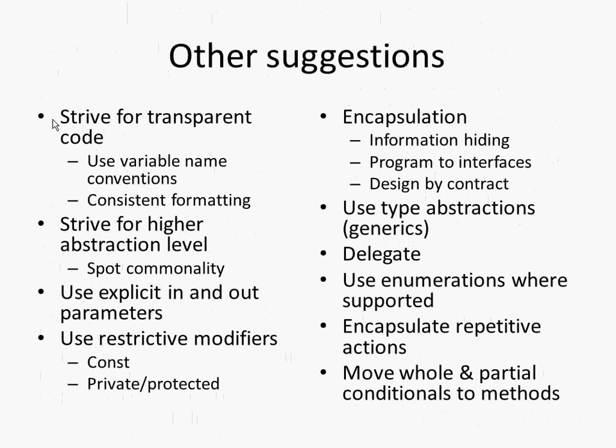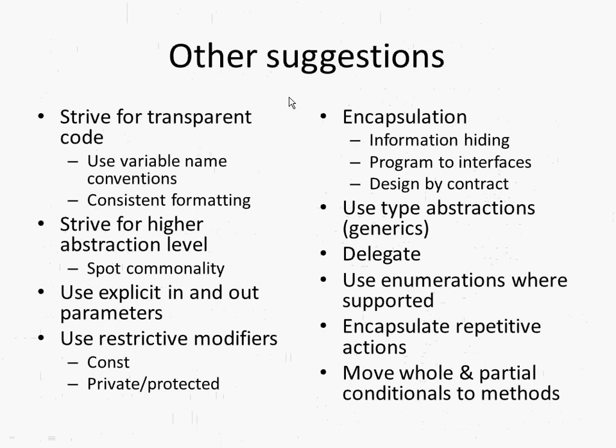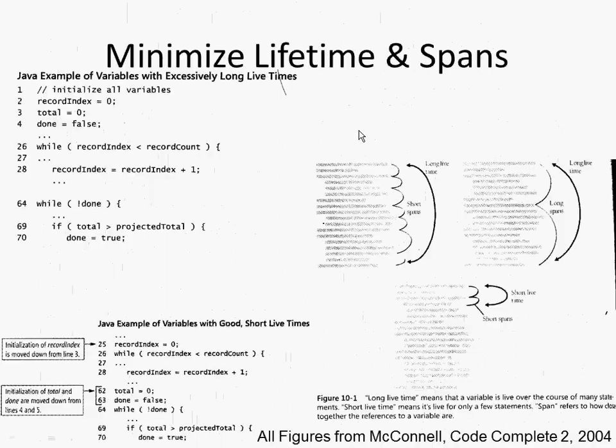And more recently I talked about encapsulation, this separation of interface from implementation, etc. I talked about grouping together the uses of variables. So if you have a variable like record index here that's used down in line 26, and you first initialize it up there, that's dangerous because if you're down here, you want to see where it's used, you have to go up a whole screen's worth to find it.